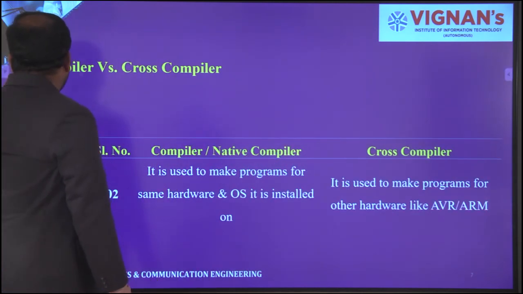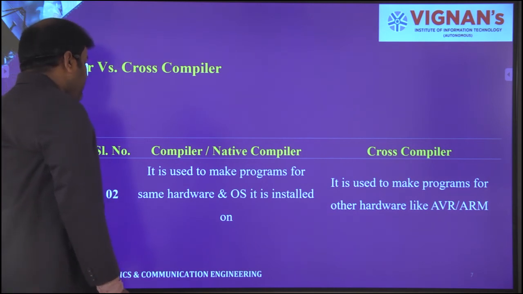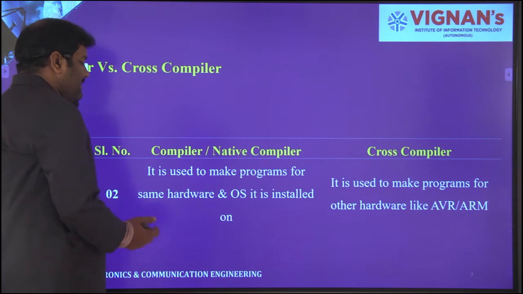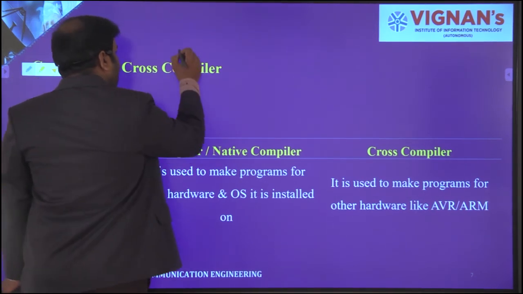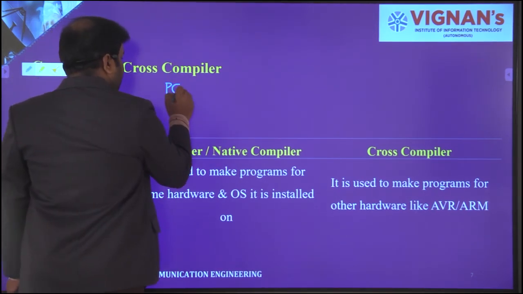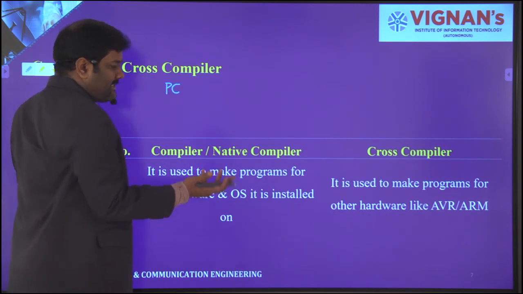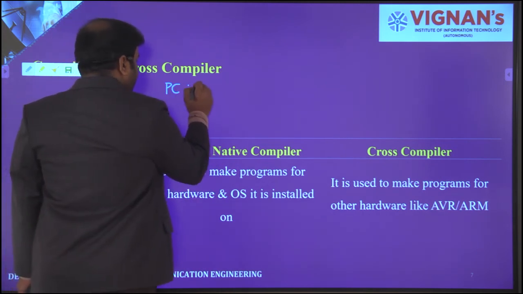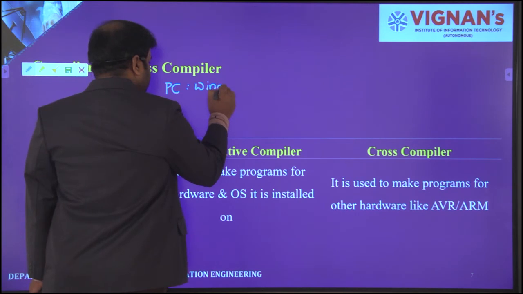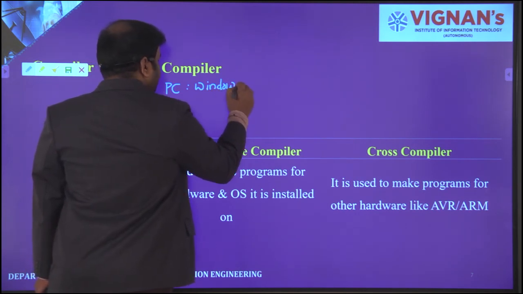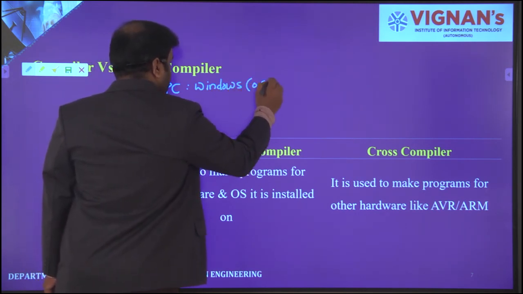And next, it is used to make the program for the same hardware and OS it is installed on. So simply, I have one PC, my personal computer, which is a system, having Windows as my operating system.